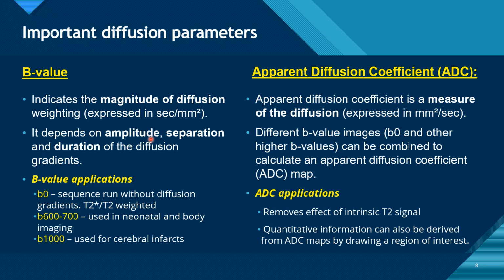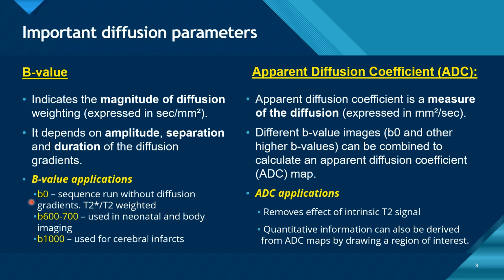This will depend on the amplitude, which we just mentioned is the G, the separation, which is the time between the first and the second diffusion gradient, and the duration, which is the amount of time each gradient takes just before and after the 180-degree pulse. So all these three factors are combined into an equation to give us the B value, or the magnitude of diffusion weighting.